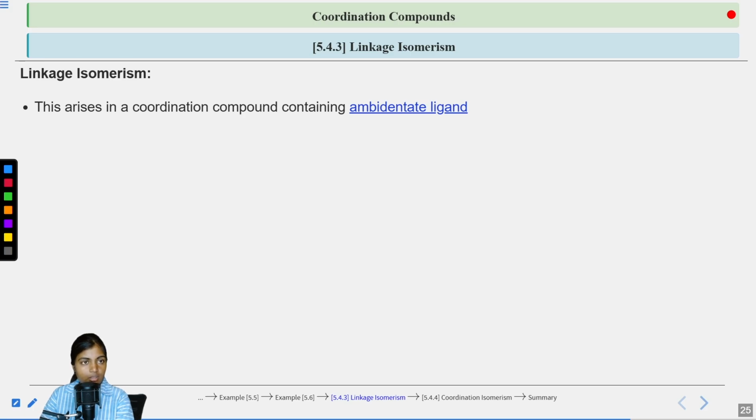For example, SCN. In SCN, through both sulfur and nitrogen, through both donor atoms, the ligand can bind to the central metal ion.